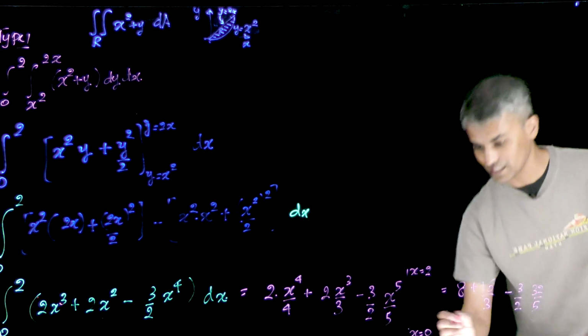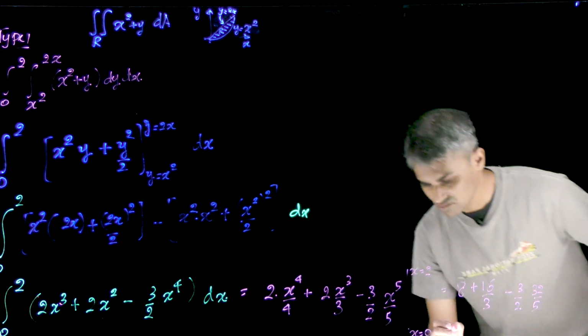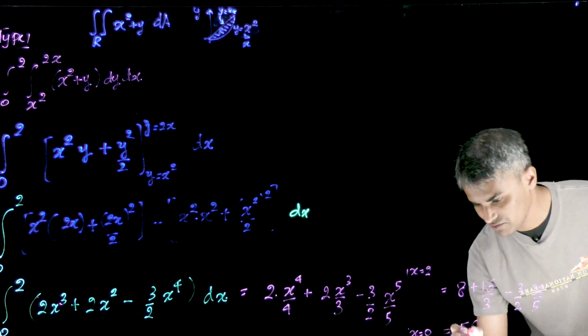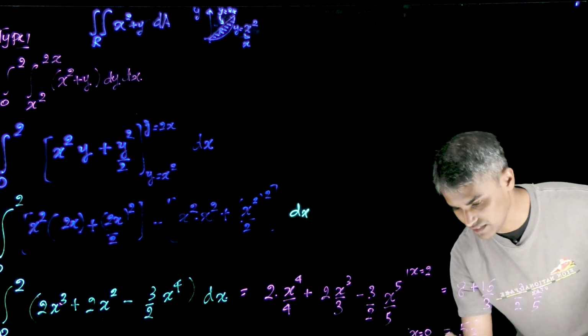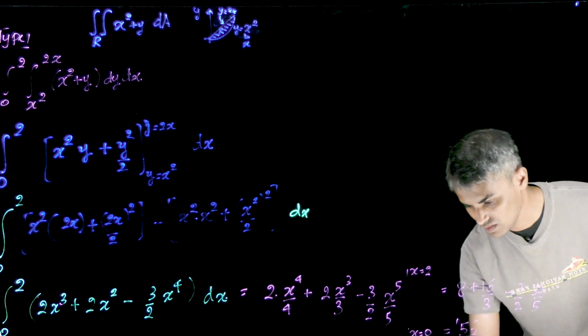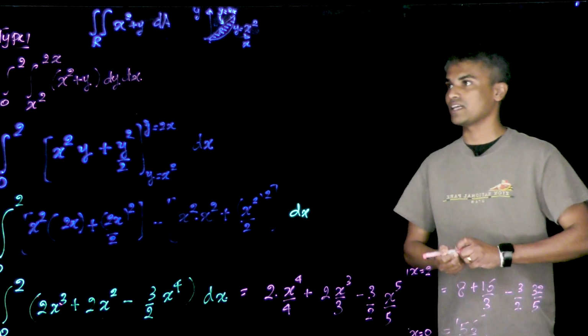If you simplify this, you should get 56 over 15, and this is the final answer.